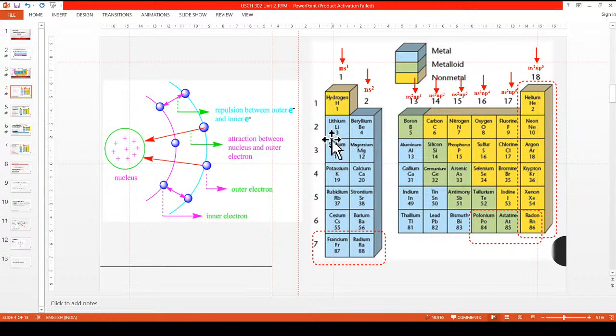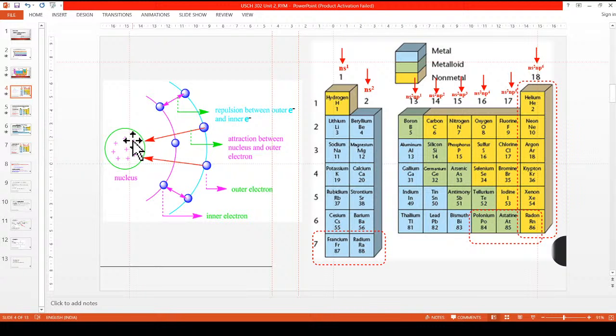This increase is because of the addition of different shells. What does shell mean? The outermost cover. If my nucleus is centrally placed, how many covers are there over the nucleus?